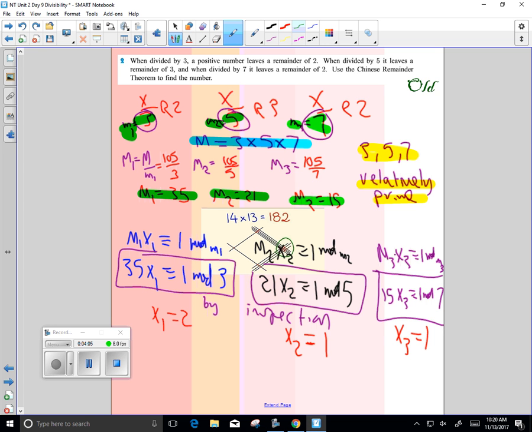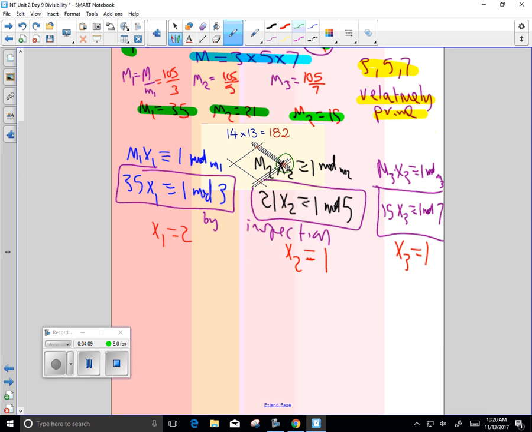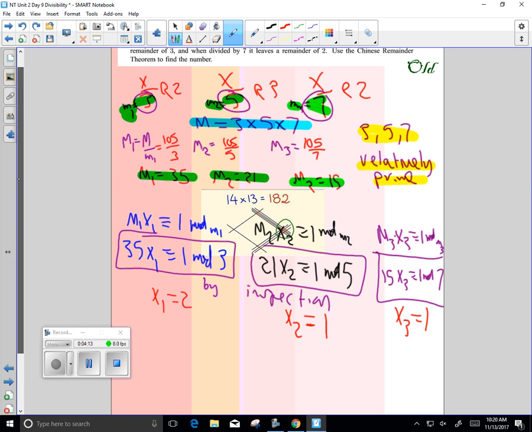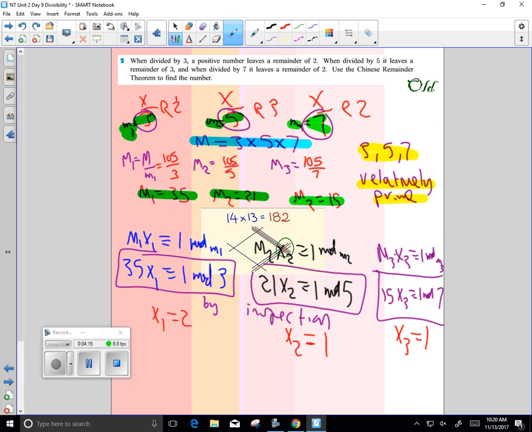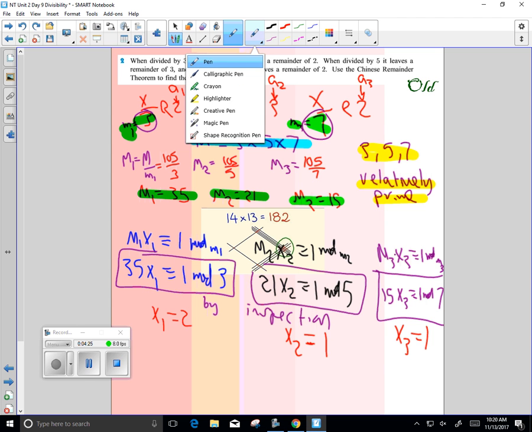So it is 1. Okay, so we got that. Once you get to that point, you've got all the pieces for this. These remainders are also another variable, a1, a2, a3.